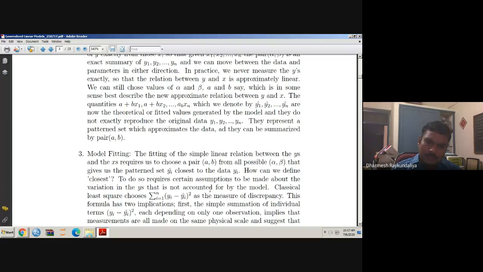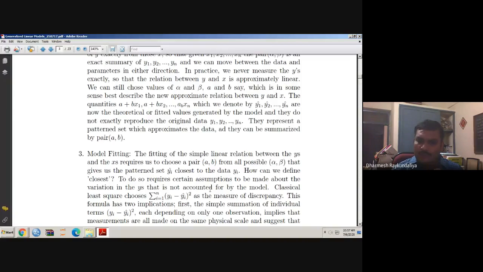So when we say that yi cap is closest to yi, it means that the difference between yi cap and yi is almost negligible. So we can say that the residual is close to zero. How can we define the closest? Here we have to obtain the estimates a and b for the parameters alpha and beta in such a way that yi cap is closest to the data yi.